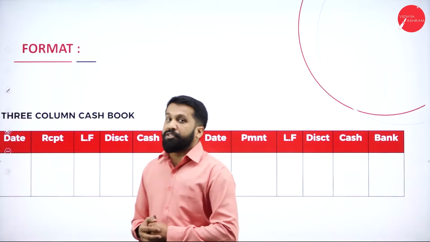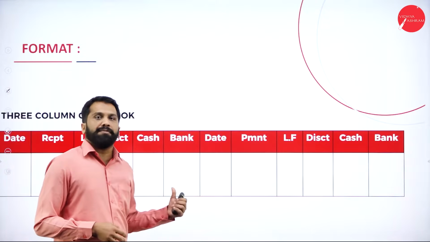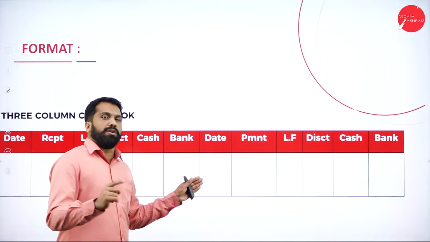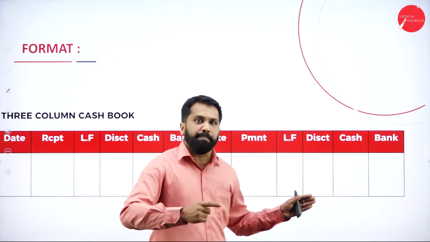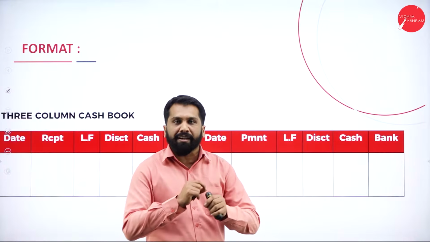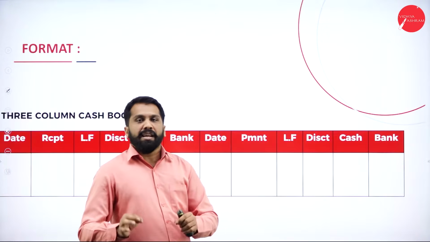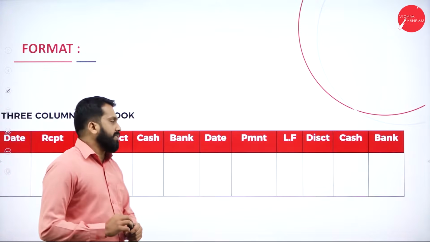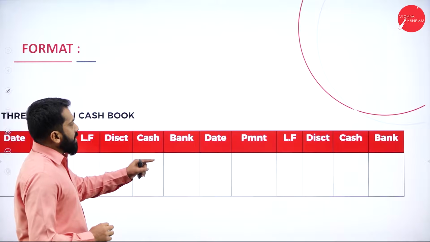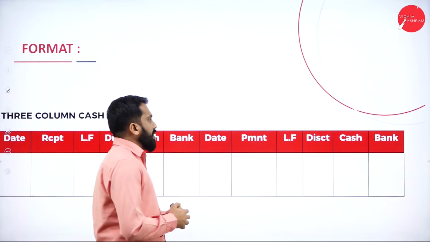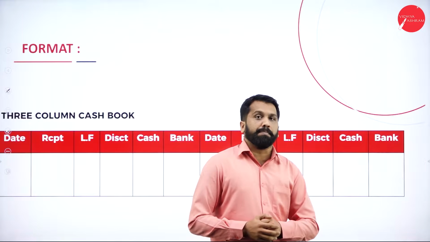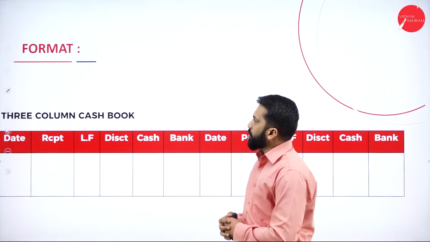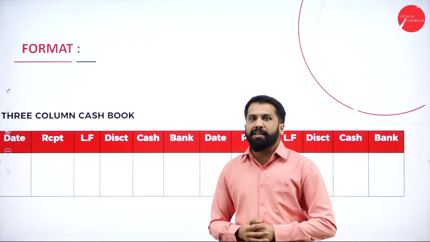I don't have sufficient space there, that's why I have used some short forms. But in your notebook, you have to write completely. If it is a discount, write completely as discount. If it is a receipt, if it is a payment, please write as it is. Now, bank, date, payment, LF, discount as well as cash or bank column. Hope you are clear. So, these are the informations we have for your 3-column cash book.